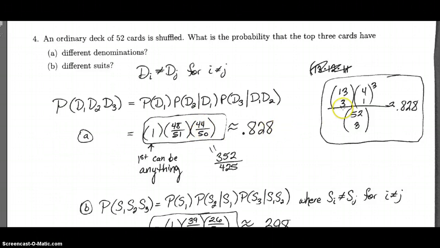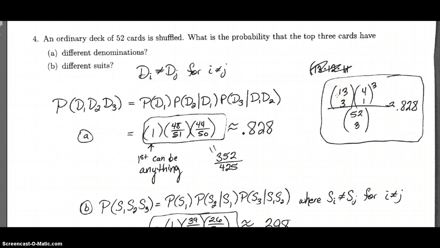Another way to look at this more combinatorically is we have 3 different denominations. We know we need 3 different denominations, but we can't stop there. If we just choose 3 of the denominations, we have, say, a 2, a 6, and a 7, but we don't know what suits those 2, 6, and 7 are. Remember, when we're doing these playing card problems, one of the things I mentioned, we want to make sure we know exactly what the playing cards are up top here.